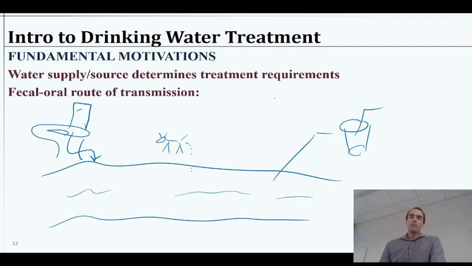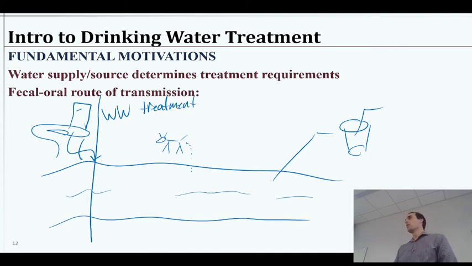So wastewater treatment is one barrier. Wastewater treatment is great. Happy to do it. We'll talk about it. We usually add disinfection there as well, so that we are reducing the amount of fecal matter in potential water sources, even if that's drinking or even recreation, right? But inevitably, some little animal is going to add its own contribution to our drinking water sources, and so we need the secondary barrier.